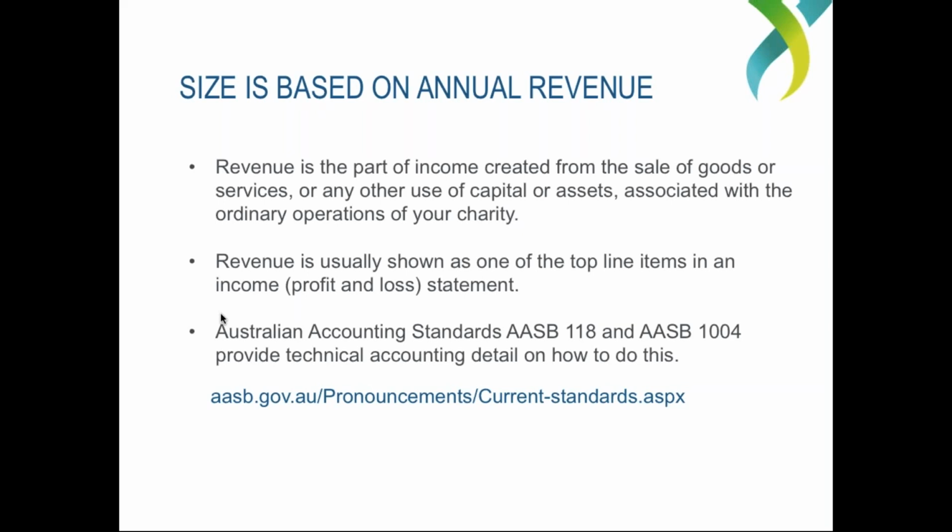So revenue is usually shown as the top line items in your income or profit and loss statement, and the Australian Accounting Standards AASB 118 and AASB 1004 provide some more technical accounting detail on how revenue works. So there's a link there to that information for those accounting nerds out there.